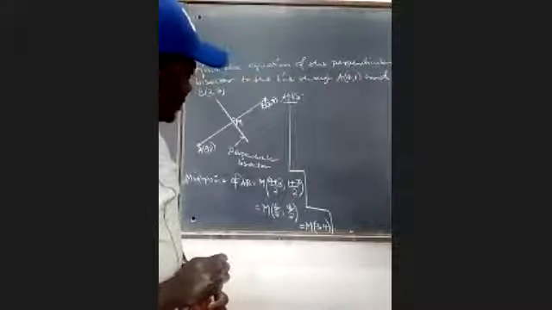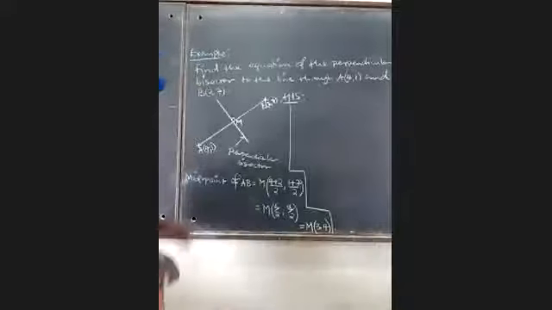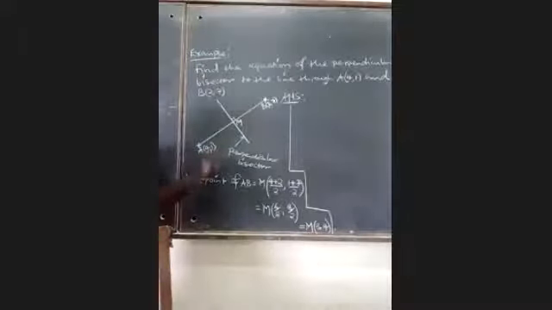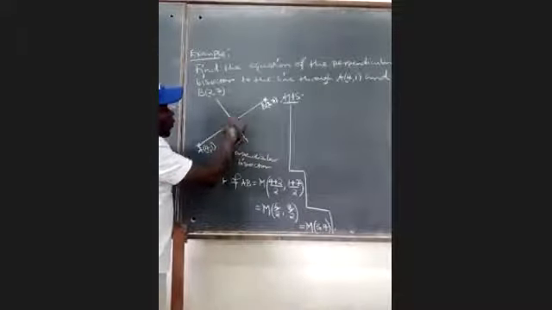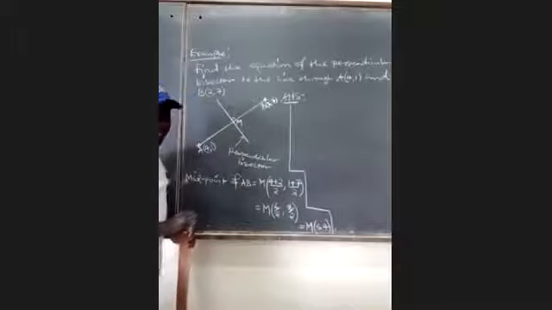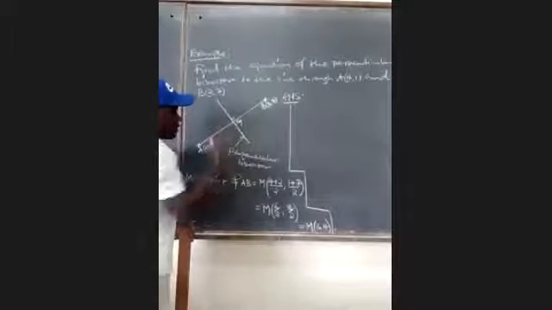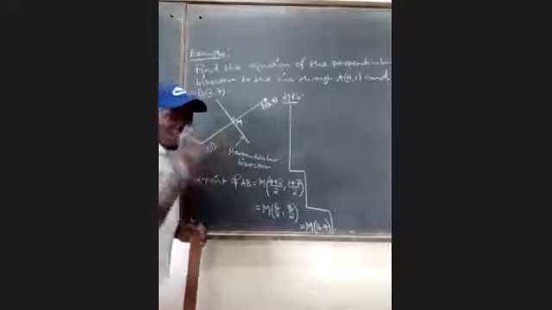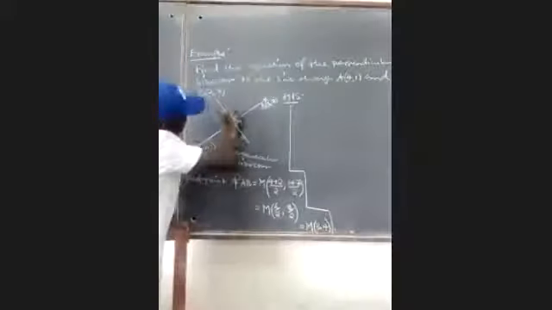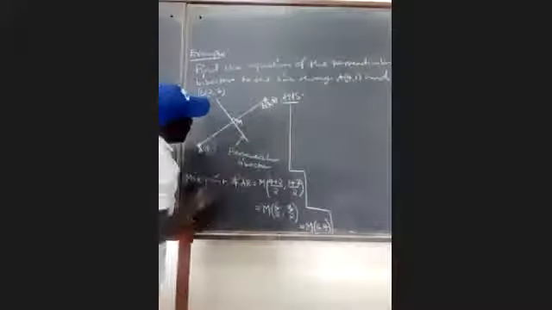I have said that we have now got a point on this perpendicular bisector, which is a line also. We now need the gradient of this perpendicular bisector. When we have the gradient, we can get the equation of the line, y is equal to mx plus c, I think.